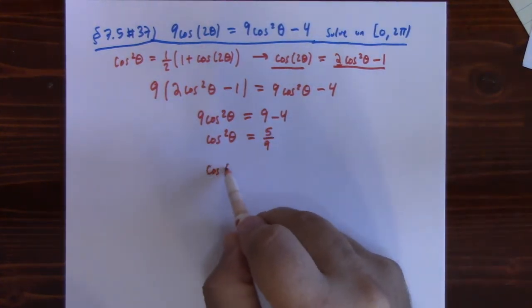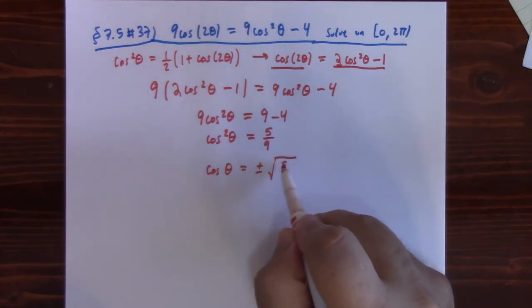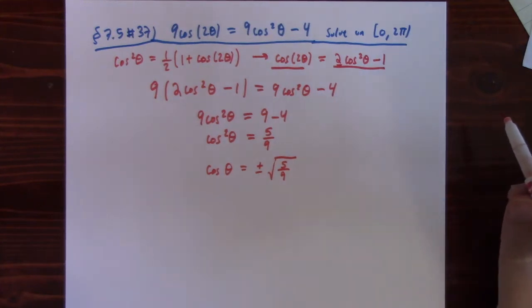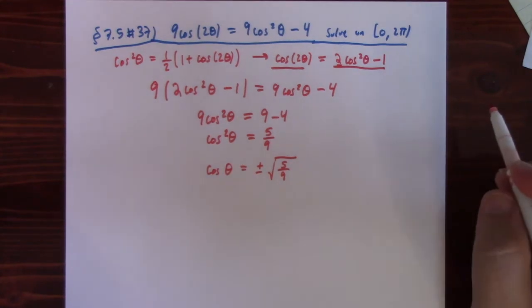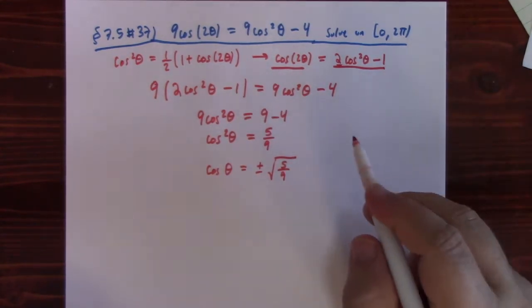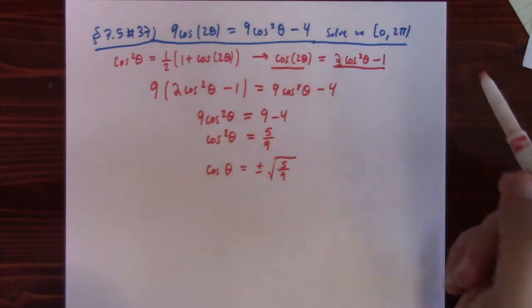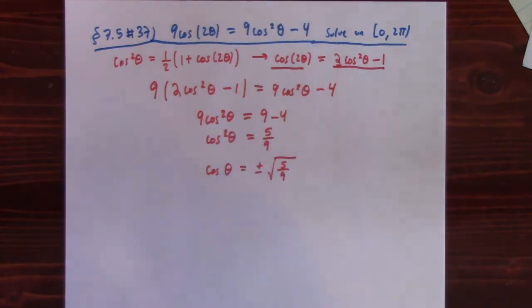Which tells me that cosine theta is plus or minus the square root of 5/9, and so I can take inverse cosine of that. Excuse me, guys. But again, since I'm looking for all the solutions on 0 to 2 pi, one way I can make these problems easier on the test is if I just say, find a solution, or find 2 solutions.